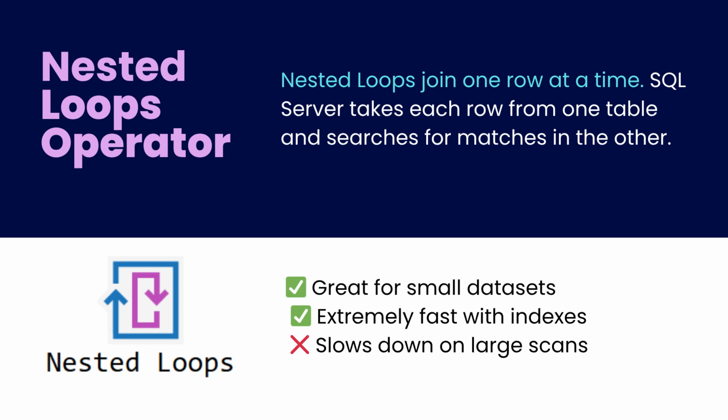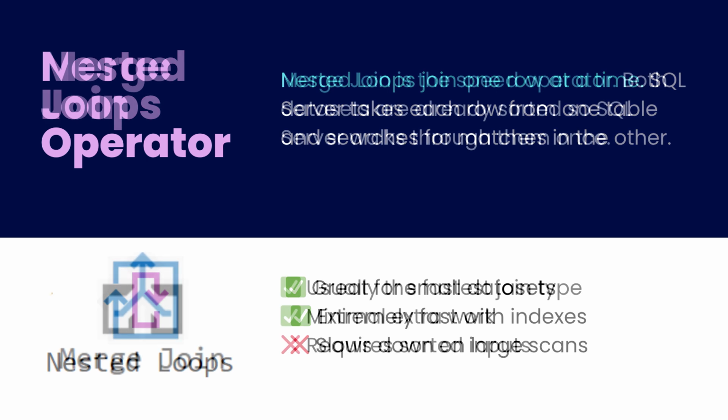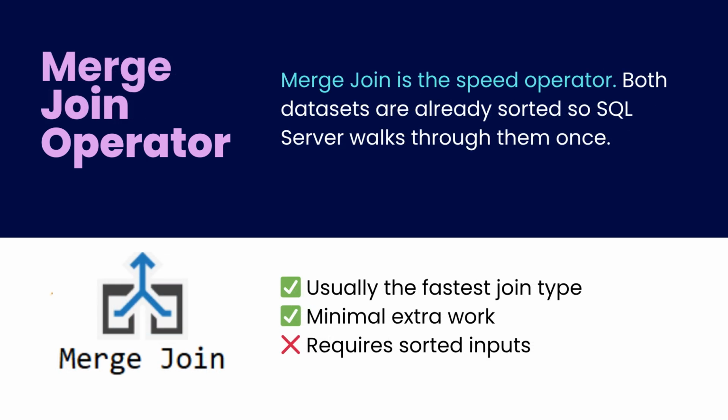Nested loops are blazing fast for small result sets and can be incredibly efficient with the right indexes, but they start struggling when large scans enter the picture. Merge joins are often the fastest join strategy SQL Server can choose. They're efficient because they do very little extra work, but they depend on both inputs already being sorted.